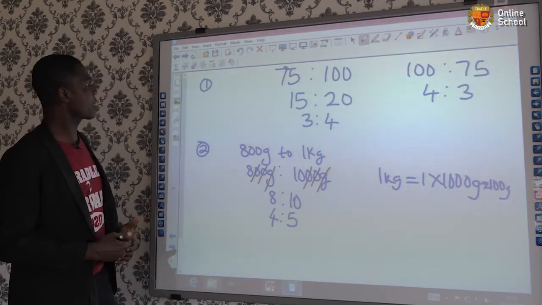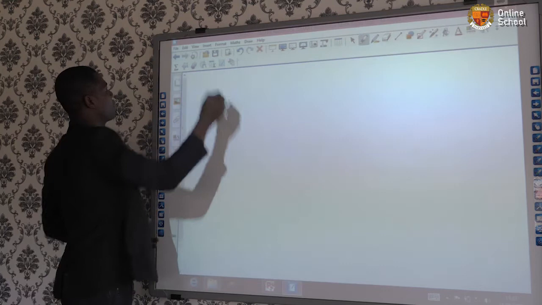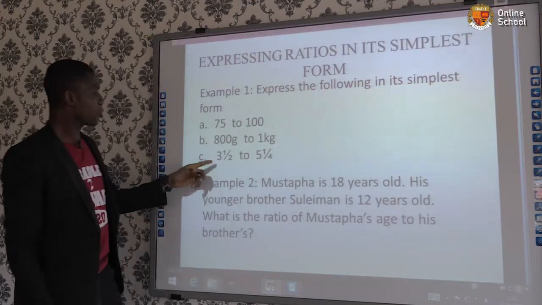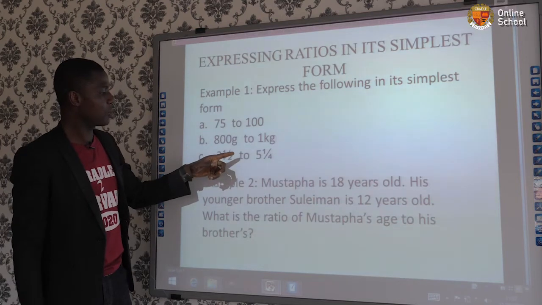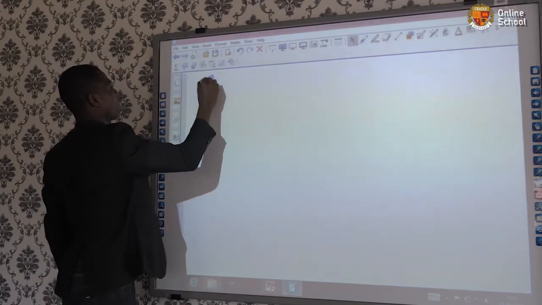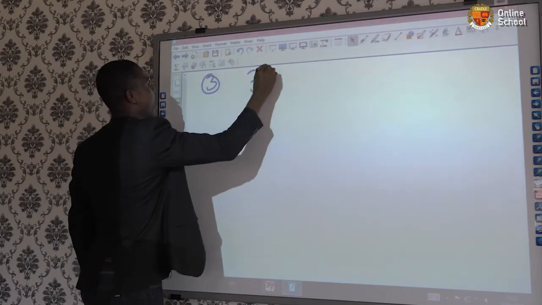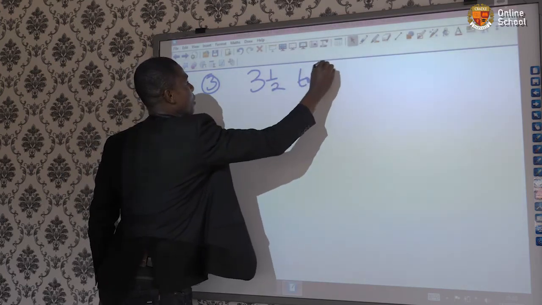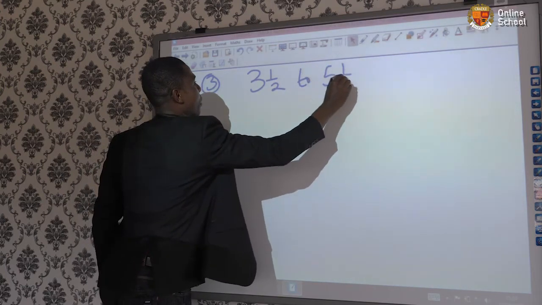Let's go to our third example. What was it? 3.5 to 5 1/4. 3.5 to 5 whole number 1 over 4.